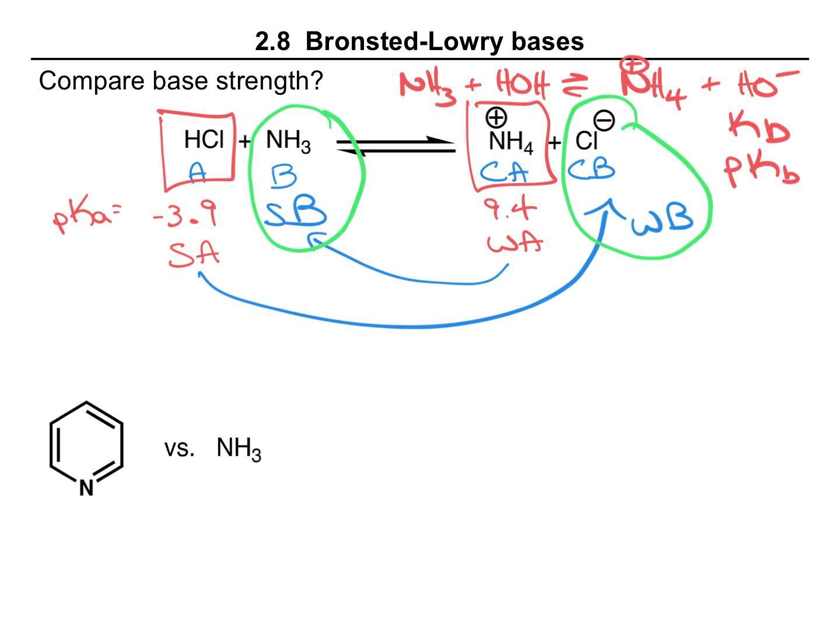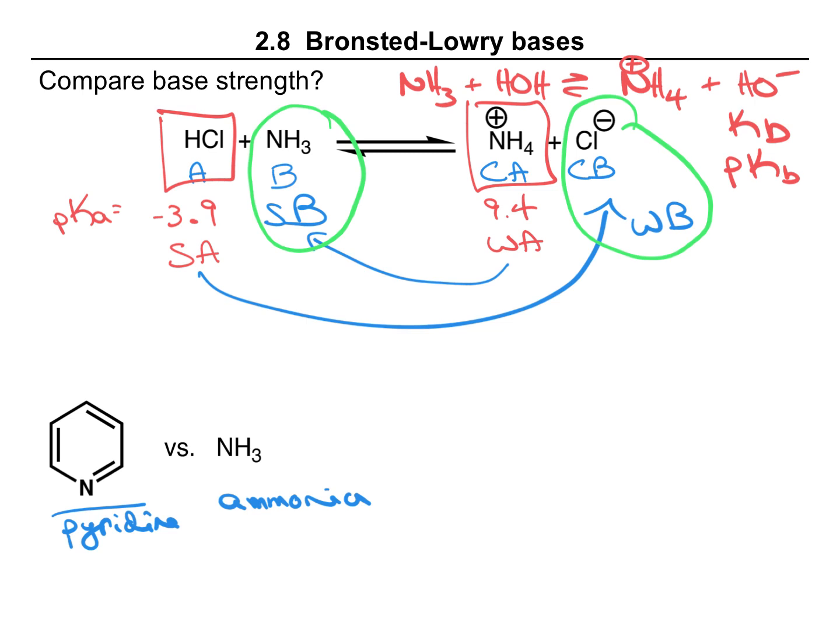Let's look at another example, and let's say we don't have it set up in an equation, but we're just trying to figure out which one of these would be the stronger base. So this one is called pyridine, and we want to compare it to ammonia. So we want to figure out which one is the stronger base.